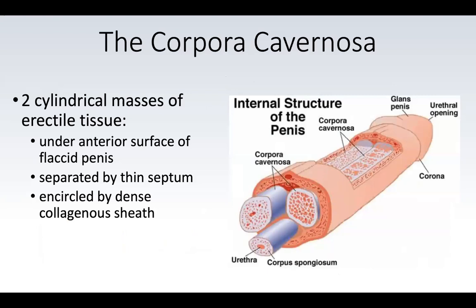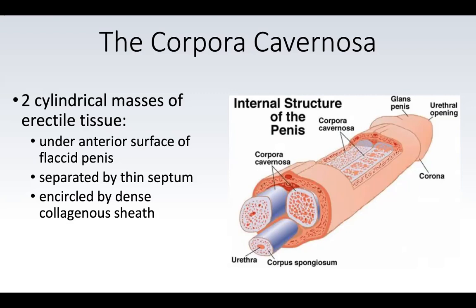The penile organ is comprised of two types of tissue, Corpora Cavernosa and the Corpus Spongiosum. Because there are two cavernosa tissue, corpora is plural for corpus. So it's often referred to as the Corpora Cavernosa. The Corpora Cavernosa is the erectile tissue.